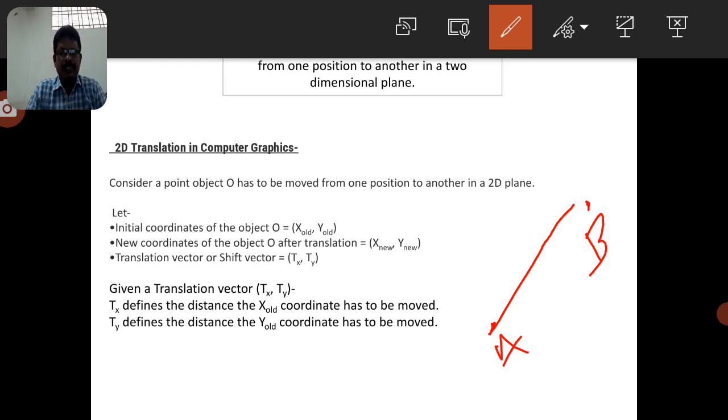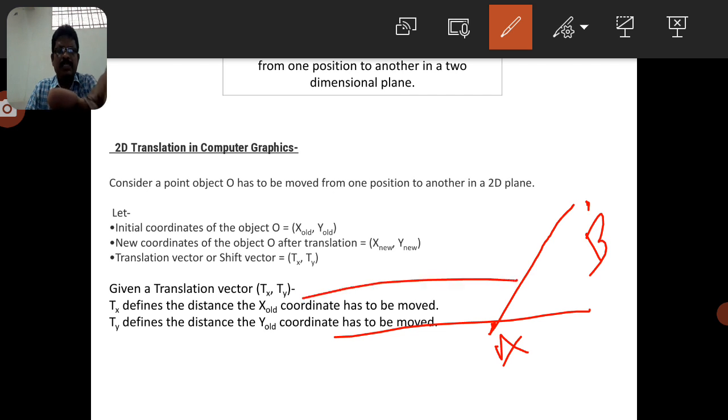And ty defines the distance the y world coordinate has to be moved. Towards the y axis, the distance moved from one position of the object to another position is defined as ty.